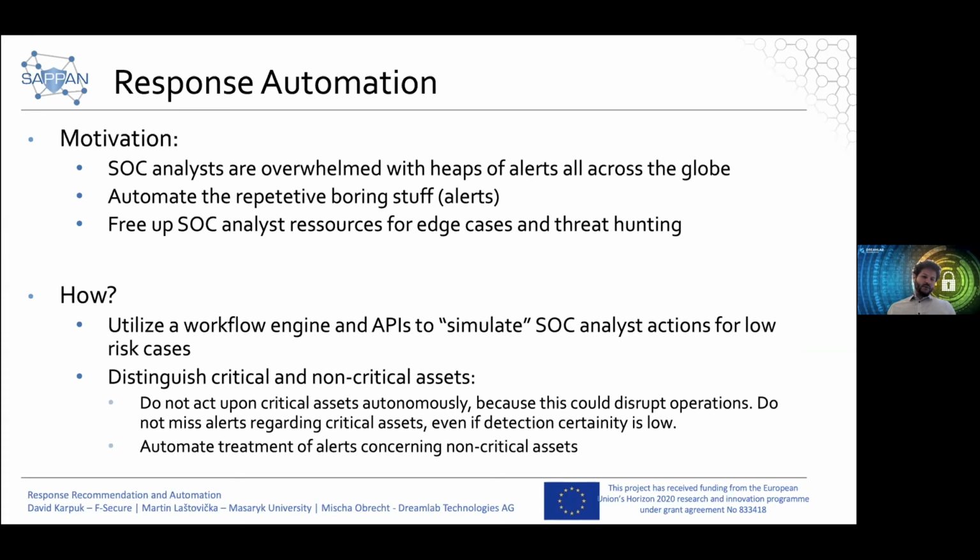At the same time, we don't want to miss alerts or dismiss alerts that involve critical assets willy-nilly, even if the detection certainty is low. So a simple threshold on the detection certainty will not do. On the other hand, we would like to automate the treatment of alerts concerning non-critical assets as much as possible. This is the trade-off that we try to address with the workflow I'm going to show you on the next slides.